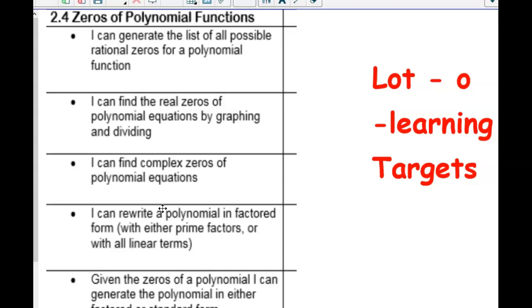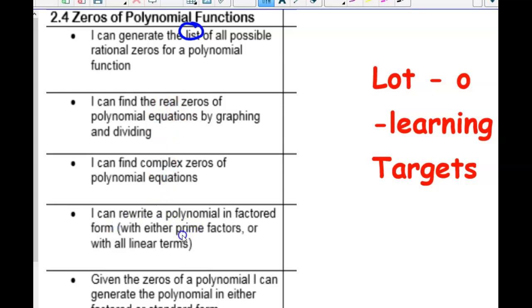Today's learning targets. I can generate a list of all the possible rational zeros for a polynomial function. It'll be a long list of numbers. That I can find them by graphing and dividing. I can also find complex zeros. After you've done the dividing from this learning target, you may need to use quadratic.